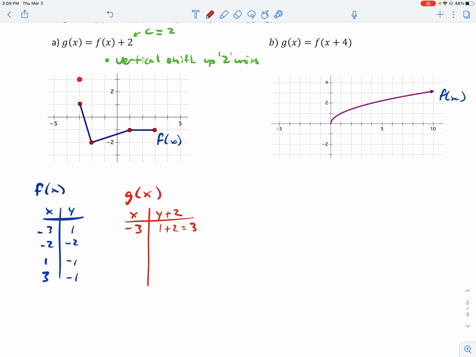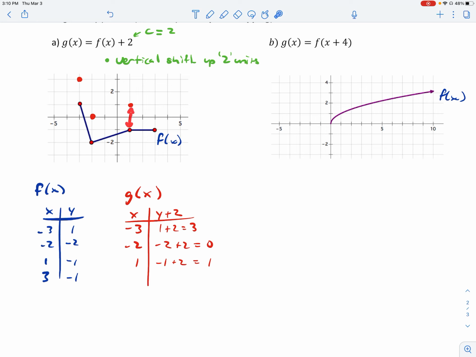I'm going to plug the rest of these in and calculate the new ones. So x is -2, y is -2 plus 2, and I get 0. So that'll be -2, 0 on the graph, which will be right here. Notice you can see the distance of 2 between those points. Working with the next one, 1, -1, I'll have 1, plug in -1, and I get positive 1. So I'll have 1, 1.